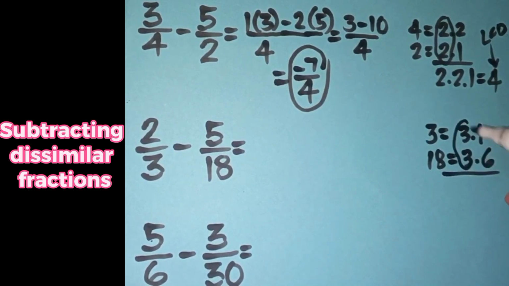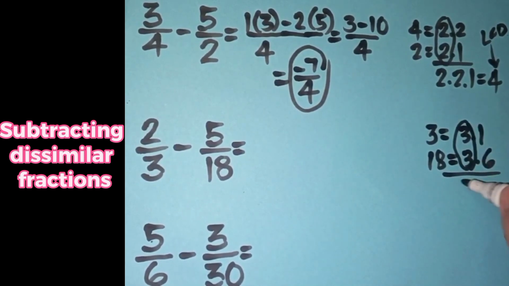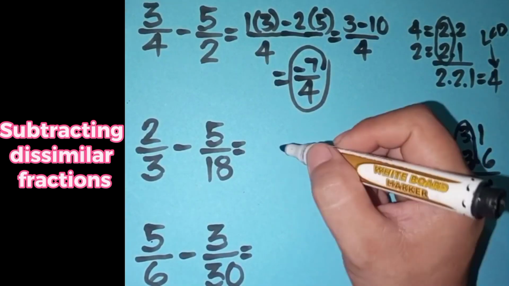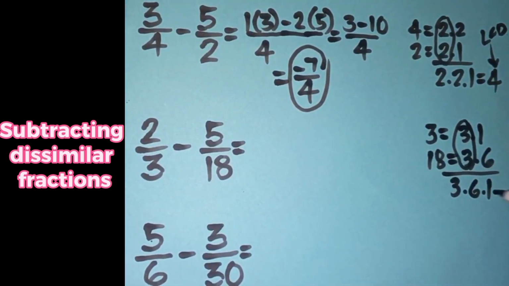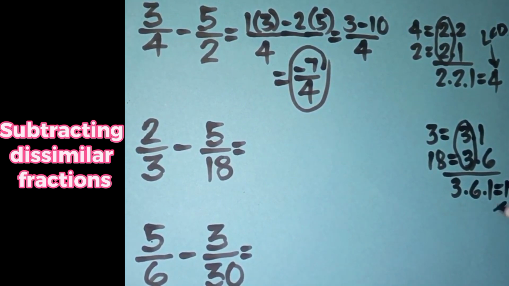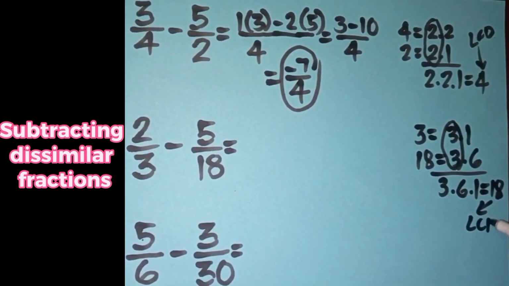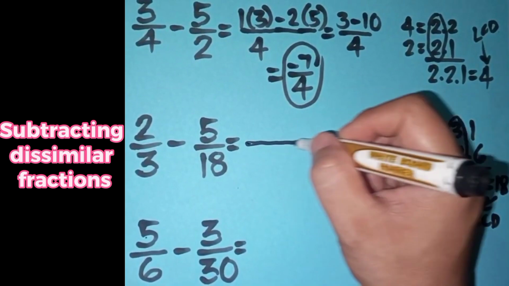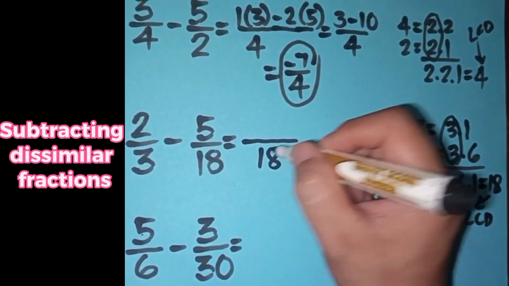So we have a common factor, which is 3. So just write 3 times the remaining factors 6 and 1. So 3 times 6, that is 18, times 1, that is 18. So 18 here is our LCD. So we have 18 here in our denominator.